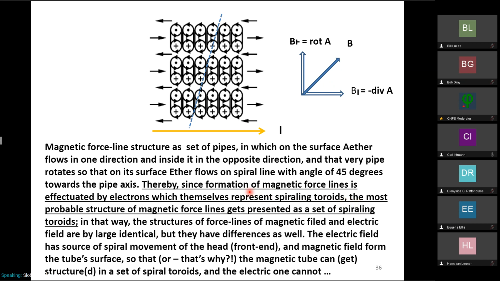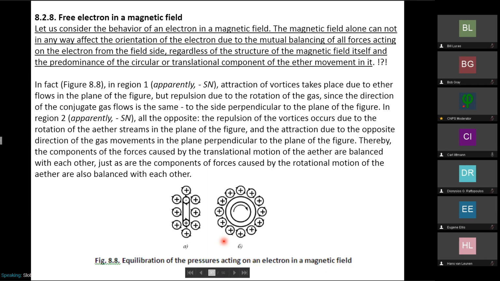There is just a slight difference, because the electric field comes from the movement on the heads of those tubes, and the magnetic from the surfaces of the tubes themselves, and so on.